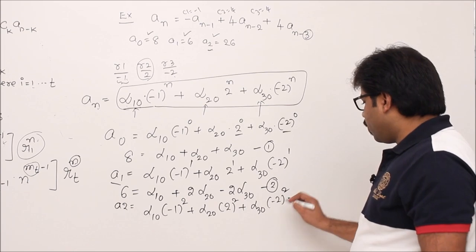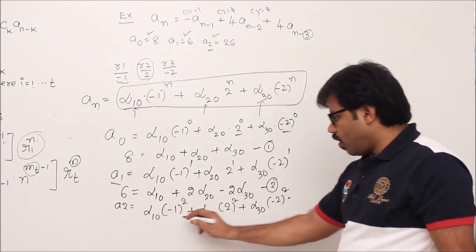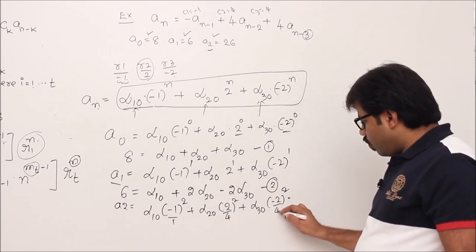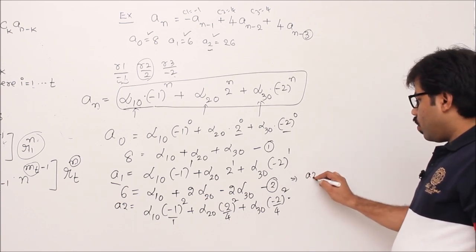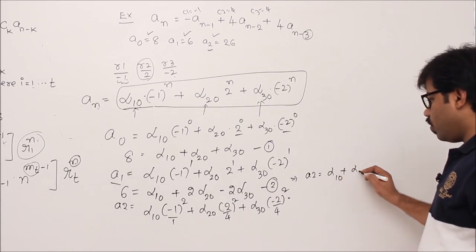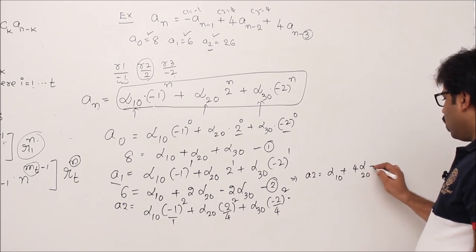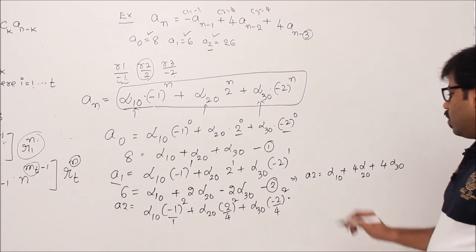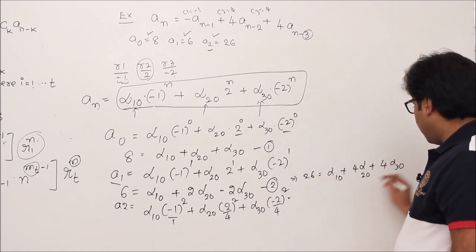If I simplify it, you would get alpha 1 0 into minus 1 whole square 1, and 2 square 4, minus 2 whole square 4. Then you would get A2 equal to alpha 1 0 plus alpha 2 0 into 4, which is 4 into alpha 2 0, plus 4 into alpha 3 0. But A2 is nothing but 26, right?